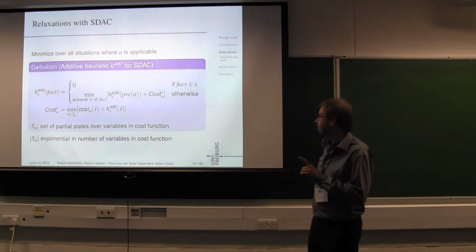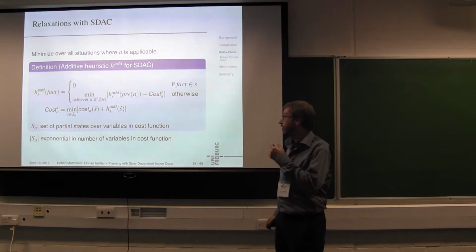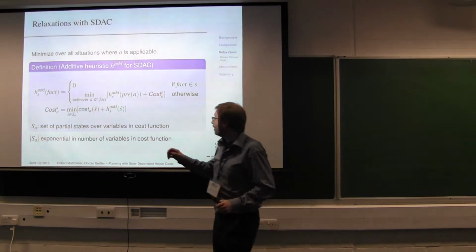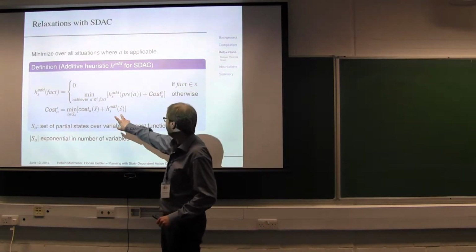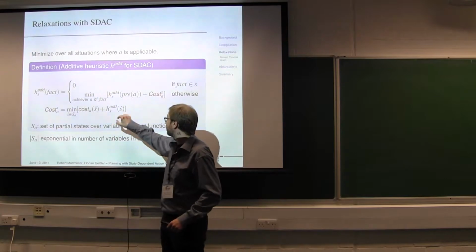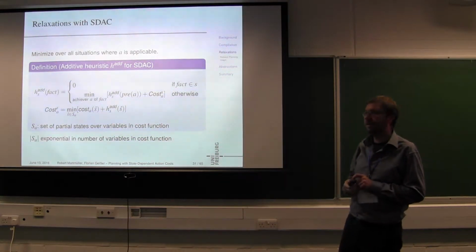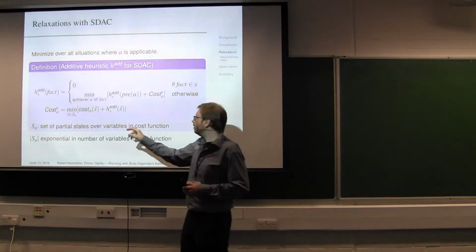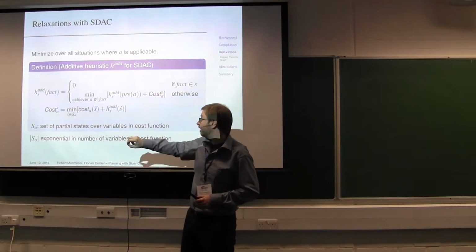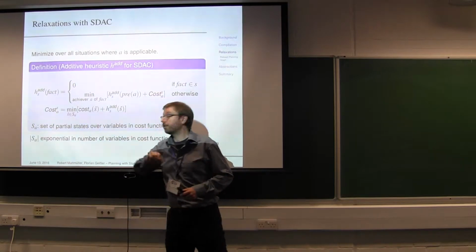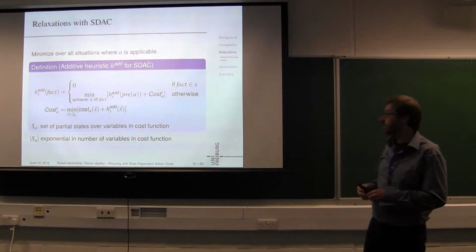Tiny remark for those of you familiar with h@, you might be wondering why we have h@ recursively in here twice, h@ of this context and h@ of the precondition of a. This only works if the variables occurring in the precondition and the variables on which the cost of a depend are disjoint, otherwise it doesn't work.